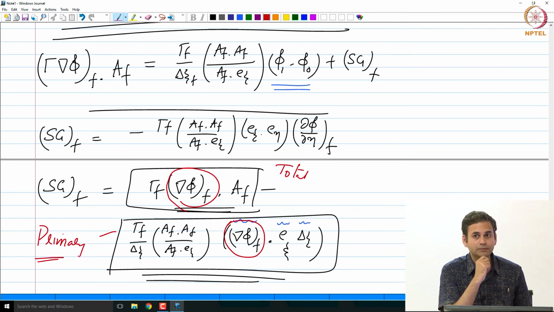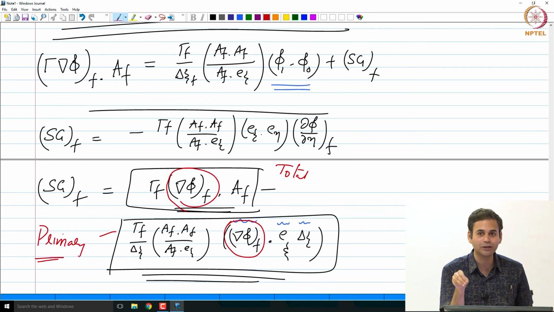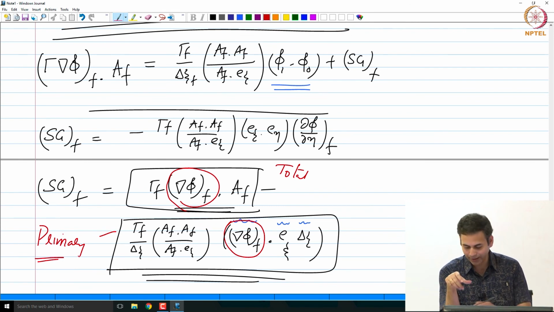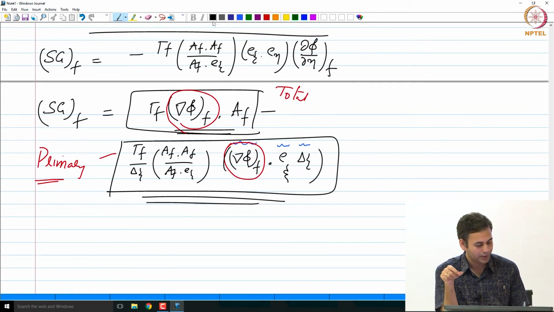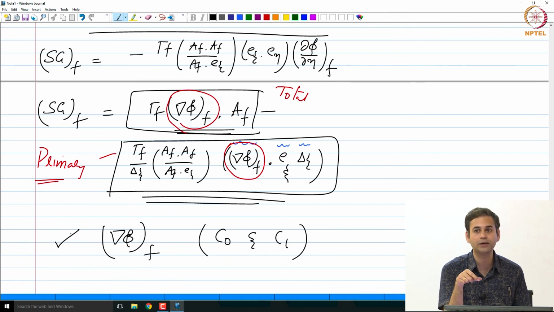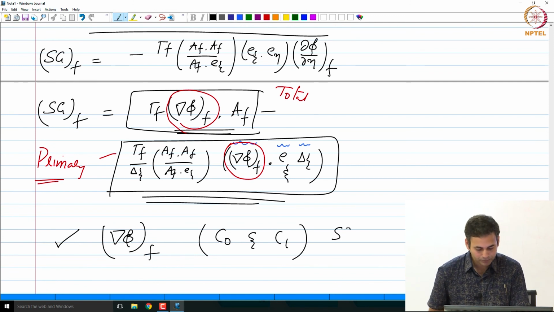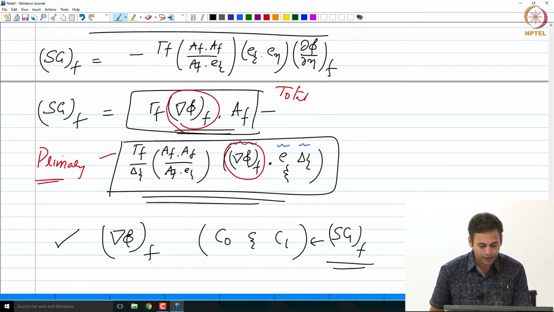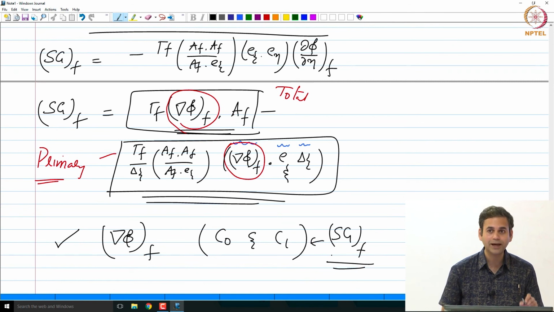Do you see that? Now, we have transformed the problem from the computation of secondary gradient to the computation of grad phi on the face f. That means if I can calculate grad phi on the particular face which is shared between C0 and C1, then I can calculate my secondary gradient. So, we have just transformed the problem of calculation of secondary gradient into calculation of gradient of phi on the particular face.